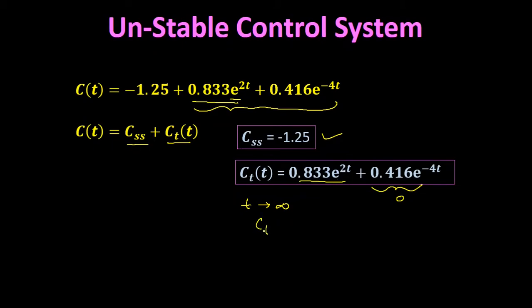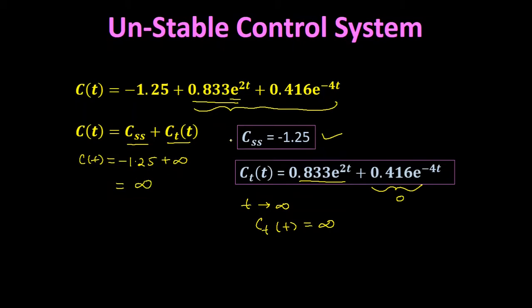That means the transient response c_t will be equal to infinite. So when we put the value of c_t in this equation, we will get c(t) is equal to minus 1.25 plus infinity, which is equal to infinity again.